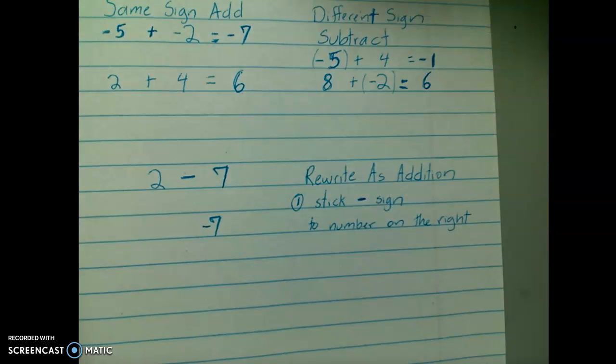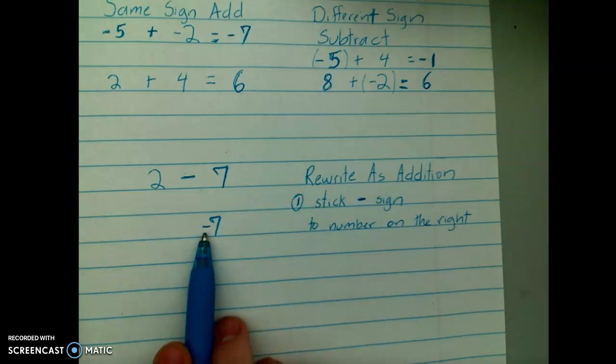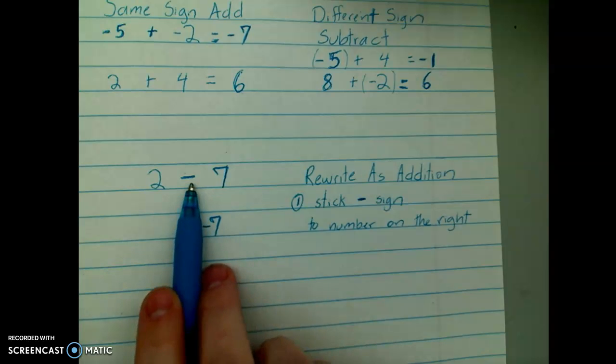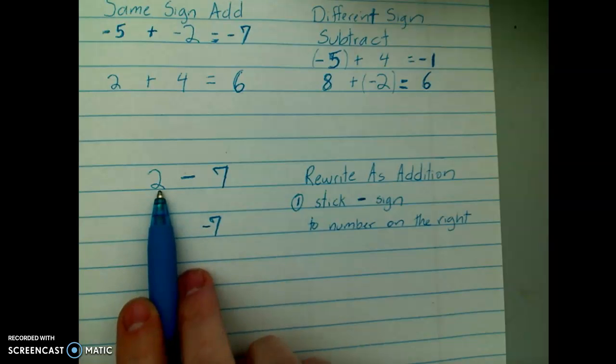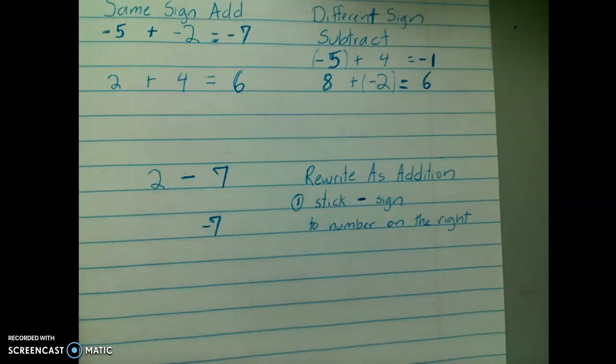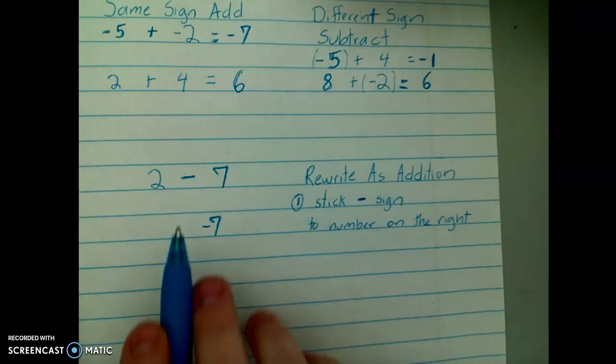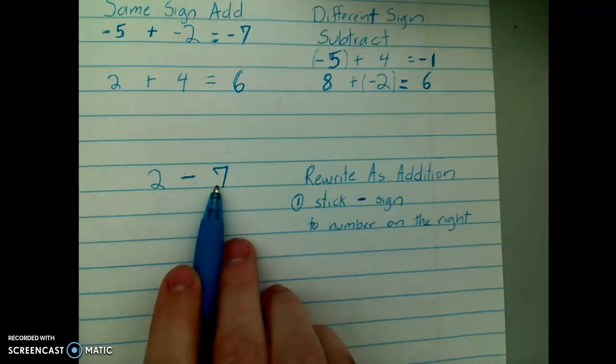Now we want to remember that negatives come before the number. You would never write a number that was too negative. You would always put the negative in front of the number. That's why it sticks to this one.